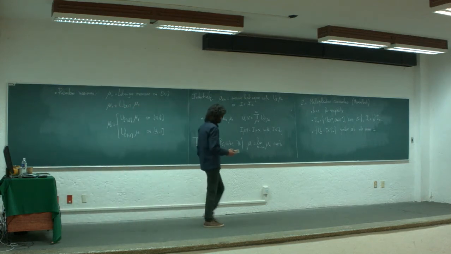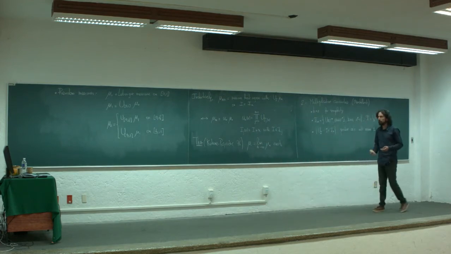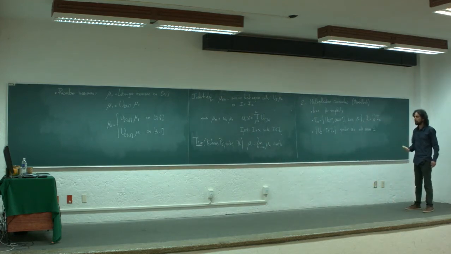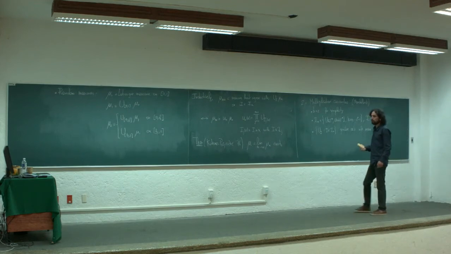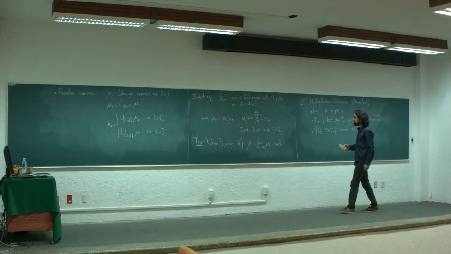And studying the limit of this measure is intimately related to studying the limit of this martingale W_n. So it's just really the same model, but in a different language.